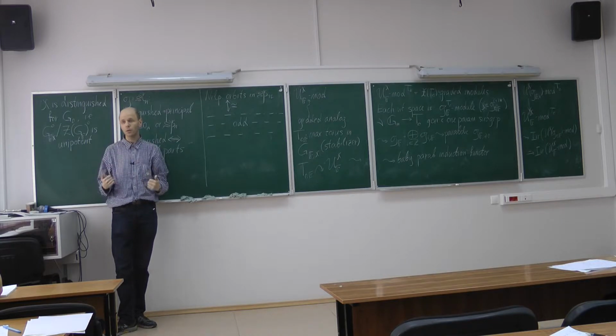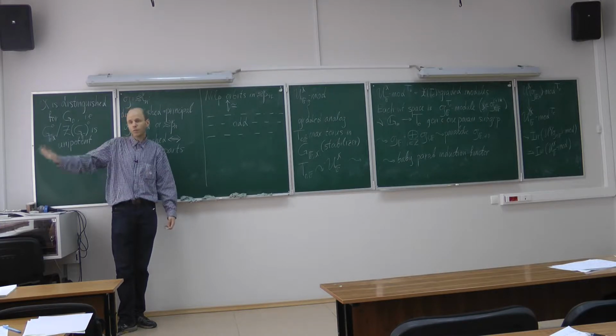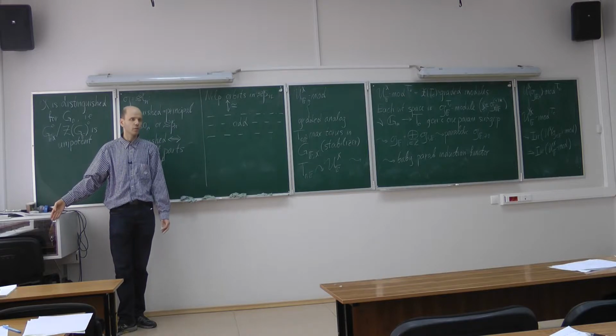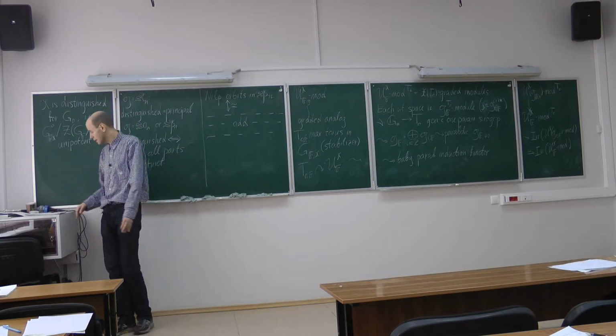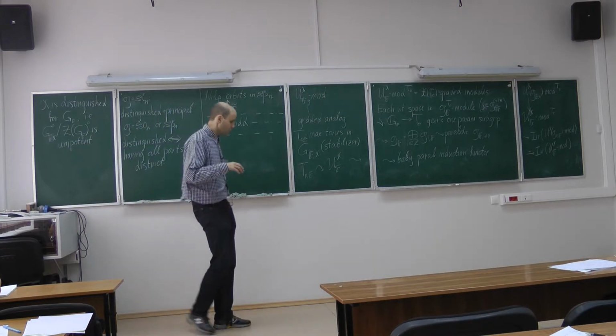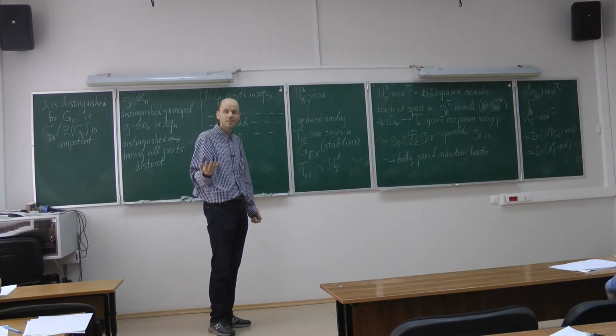In the principal block, simples are labeled by Weyl group elements, and multiplicities of simples in Verma modules are given by Kazhdan-Lusztig polynomials. Okay? You can also look at parabolic categories O, and there multiplicities are going to be given by parabolic Kazhdan-Lusztig polynomials, and simples are going to be labeled by some cosets. So we want to have such a picture here, and it turns out that indeed we can, which wasn't known until very recently.